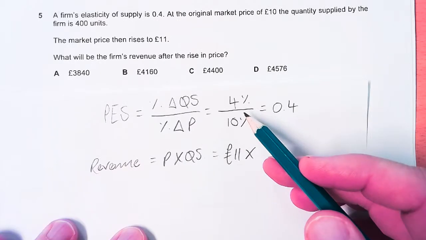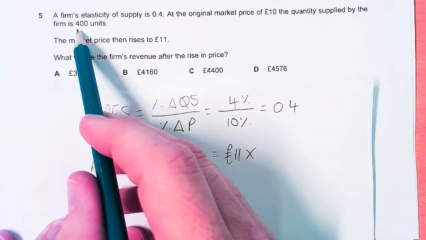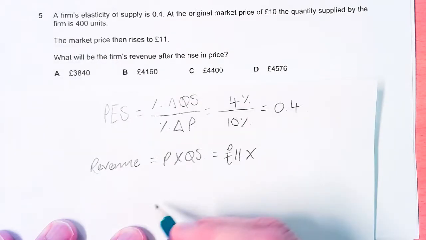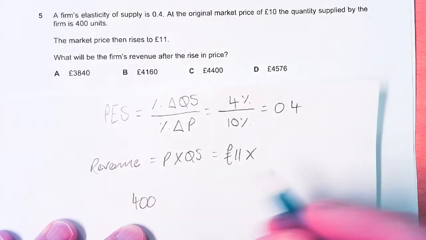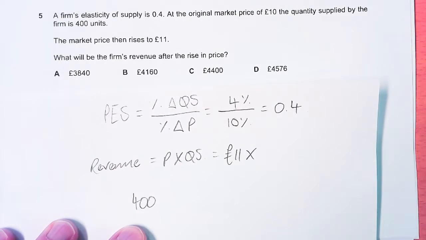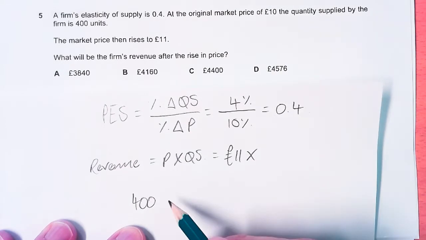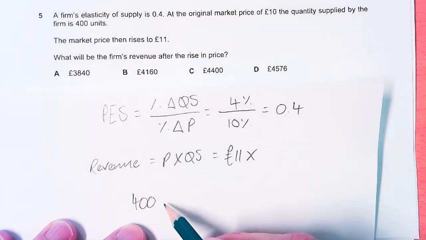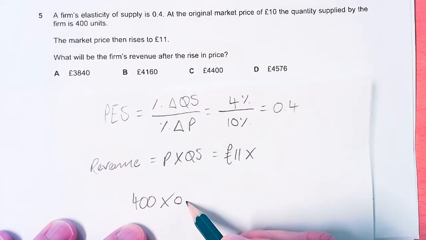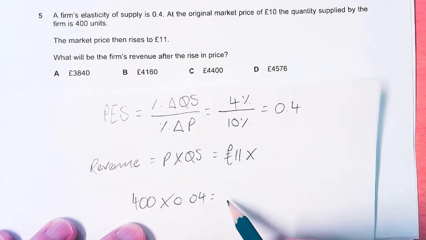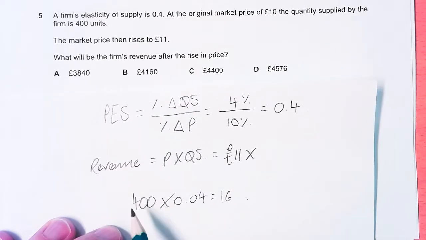Okay, the original quantity was 400 units, but that has now increased by 4%. So we firstly got to work out what 4% is, and if you just multiply through by 0.04, that will tell you that the answer is 16. You can do this in your head easily as well. So 10% of this would obviously be 40, 1% would be 4, and multiply that 1% by 4.